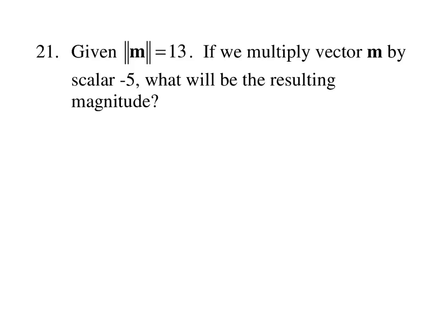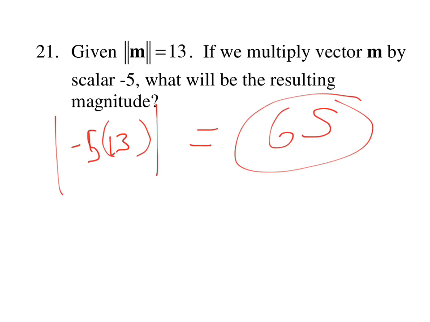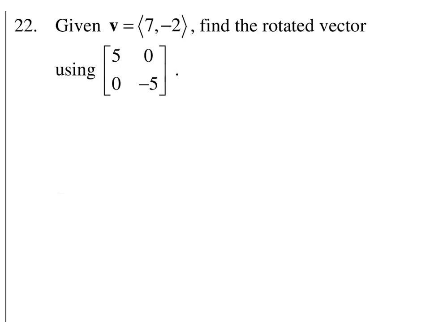If you take a vector's magnitude and multiply by some scalar, it's going to be the absolute value of that scalar times the magnitude, because magnitude's always positive. So really, if you just take 13 and multiply by 5, you get 13 times 5, which is 65.